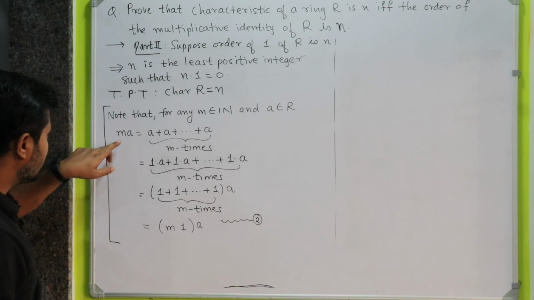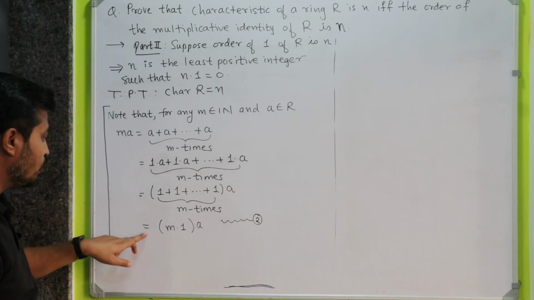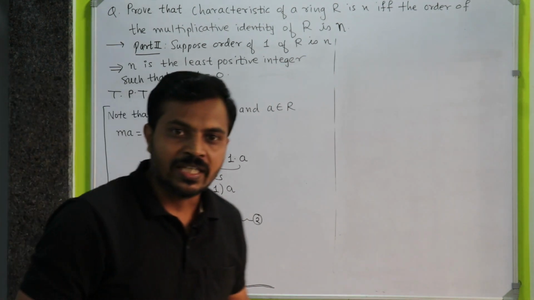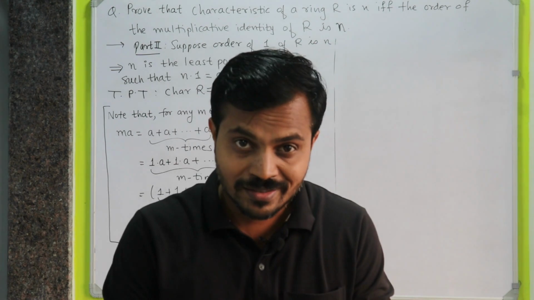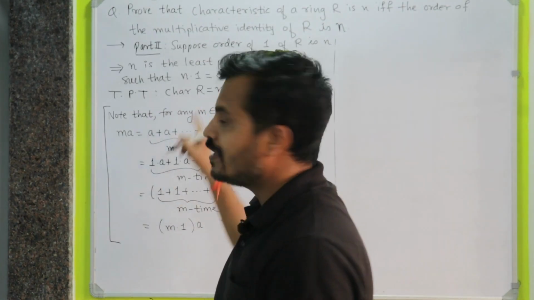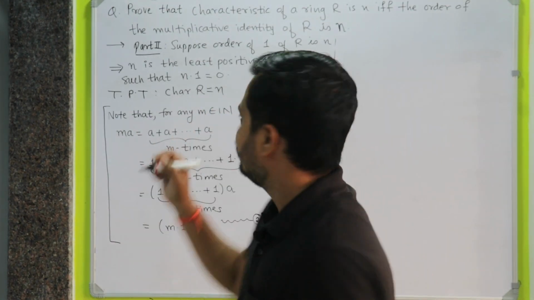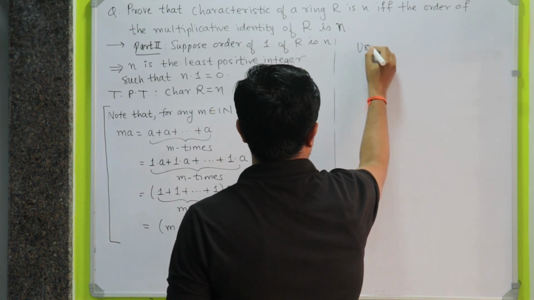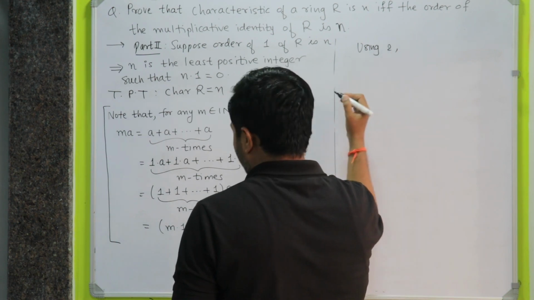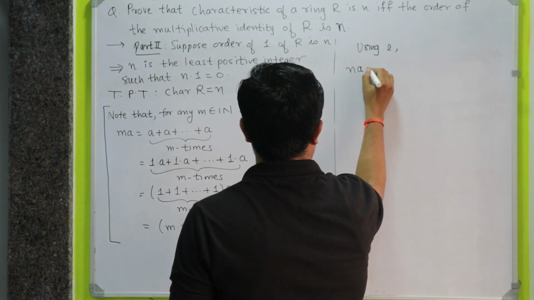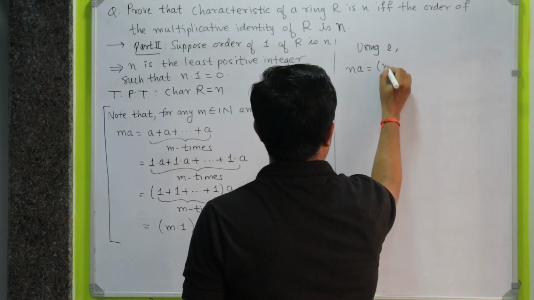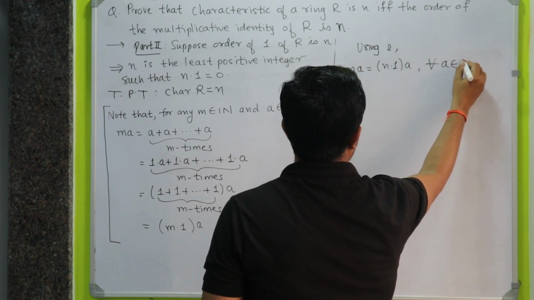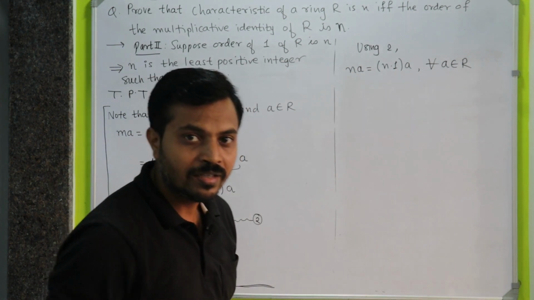From this equation we already have ma is equal to m multiplied by 1 outside the bracket a. Now the same result I will use for this integer n. So what I will have? So using 2 we can say that na is actually equal to n into 1 into a for all a belongs to R, right?